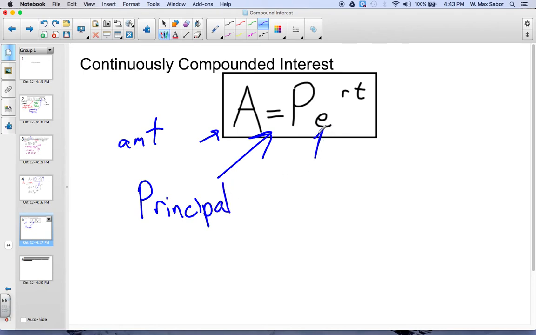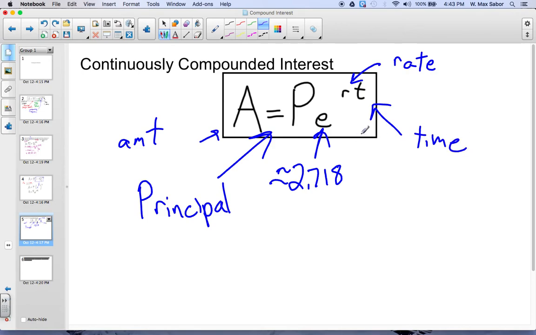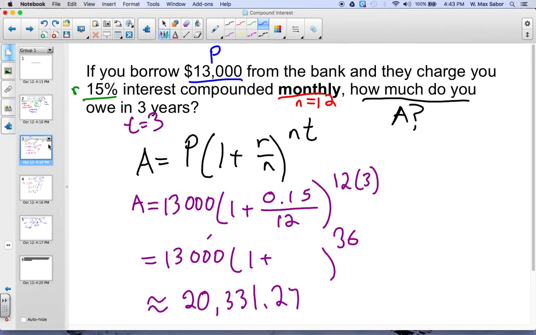E is Euler's number, approximately 2.718. R is your interest rate per year, and t is time. And you can use this anytime that something is being compounded continuously, rather than the previous problem, which was every month.